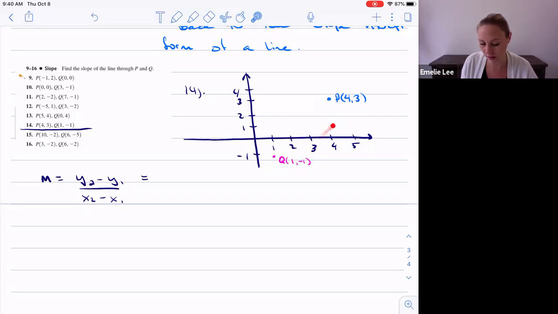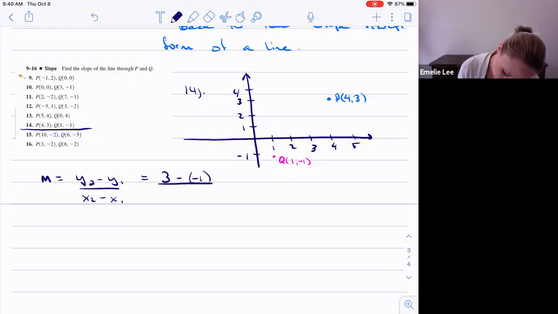It doesn't matter, right? Or if I use -1 as my y2, that's fine too. 3 minus -1 divided by x2, which is 4. So now I use this as my second point, right? So I have to be consistent.